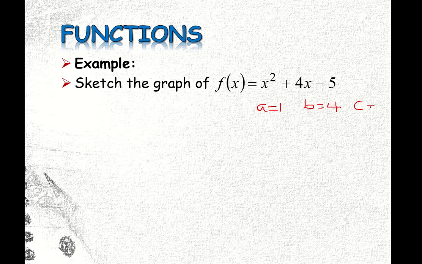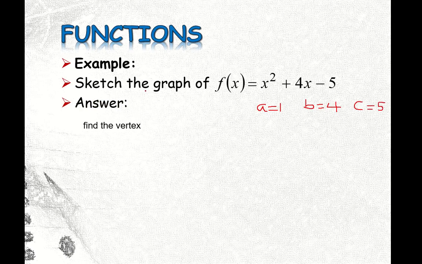Just plug these into the formula and you will be able to get the vertex. Since the parabola opens up, the range has positive infinity on the right side, and on the left side the value you're going to calculate.